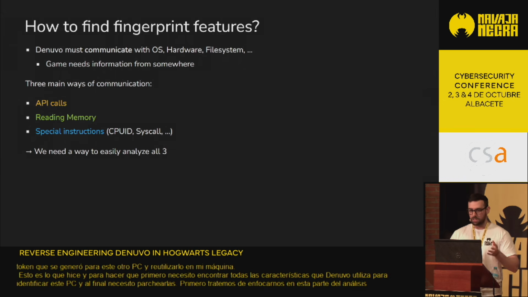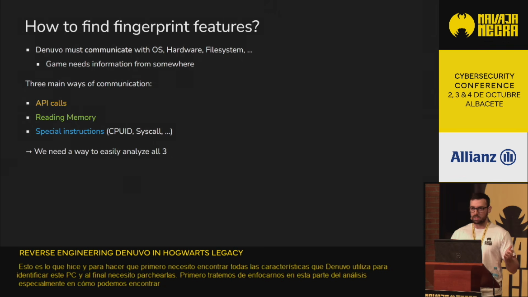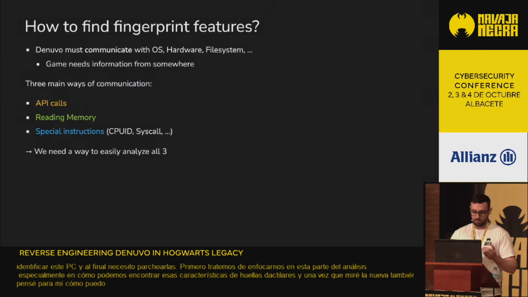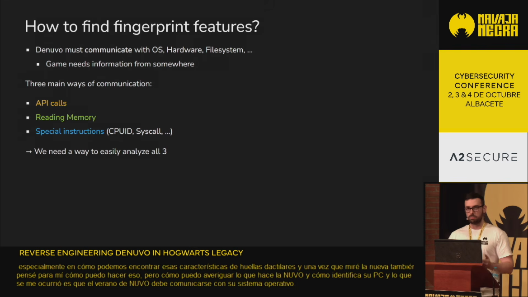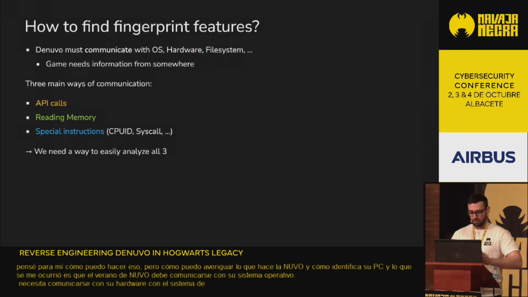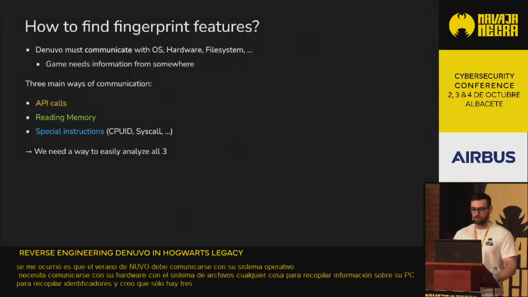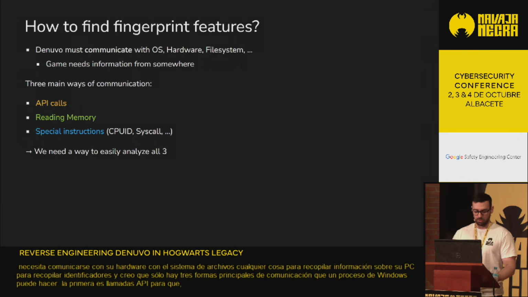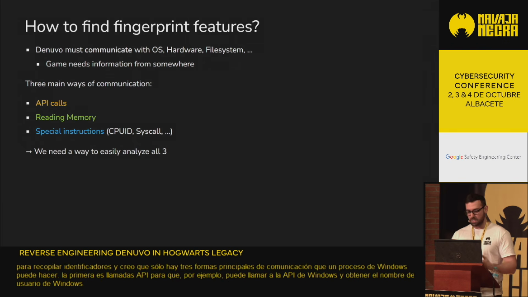You can read memory inside your process that might contain information about your PC. Or Denuvo could use, for example, special CPU instructions that reveal certain things about your CPU. For example, there's the CPUID instruction, or Denuvo could perform syscalls, or there are other ways to identify a PC using instructions. So we somehow need a way to analyze all these three types of communication.